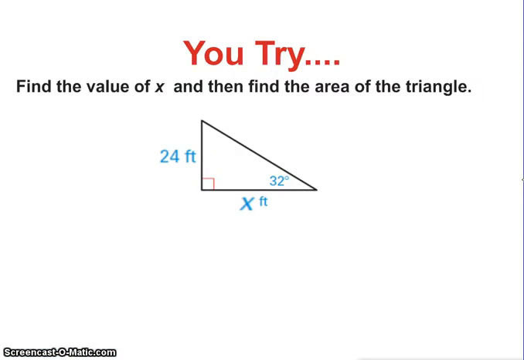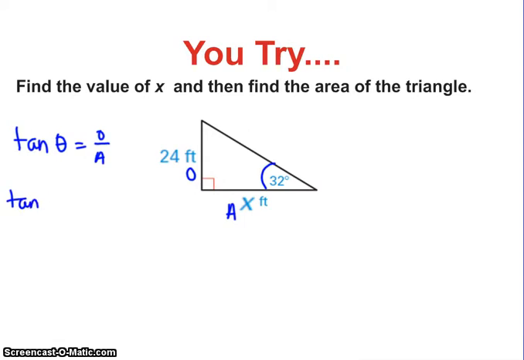Alright, what I'd like you to do is take a minute and try this problem here, please. So go ahead and pause the video, give it a shot. Alright, so from this angle, I need to label the opposite and the adjacent and the hypotenuse. I'm not given the hypotenuse, I'm not looking for the hypotenuse, so I'm going to use tangent, because tangent deals with opposite over adjacent.